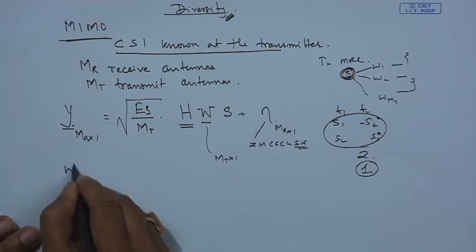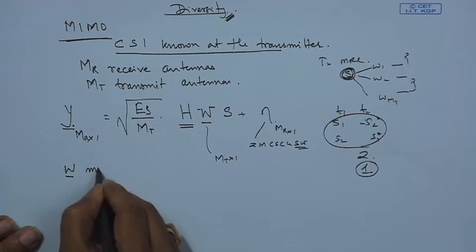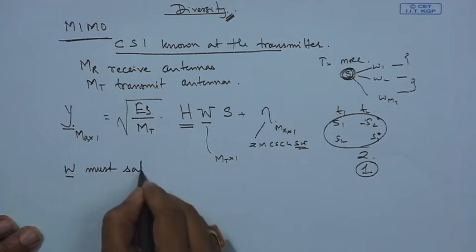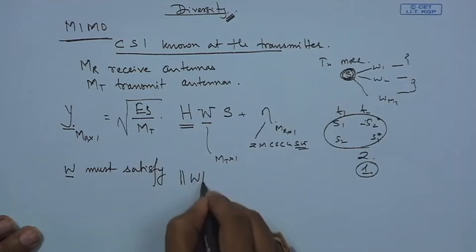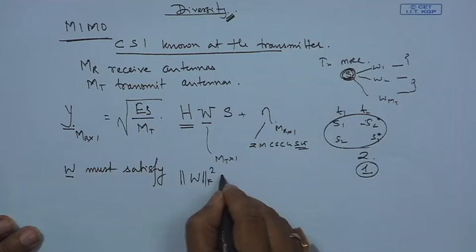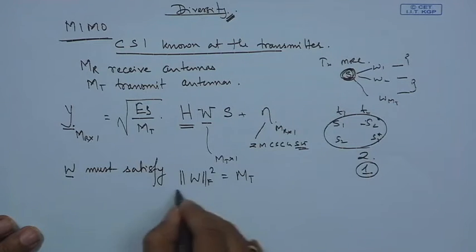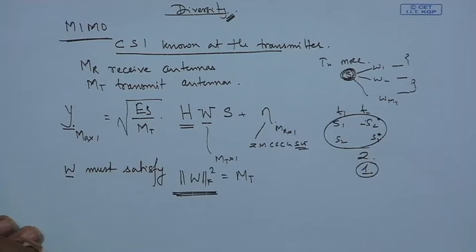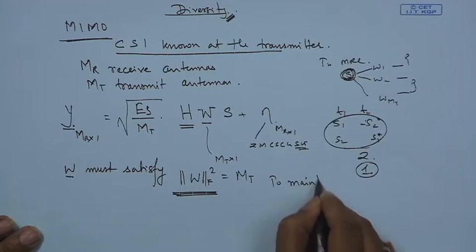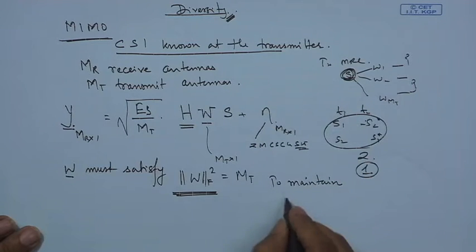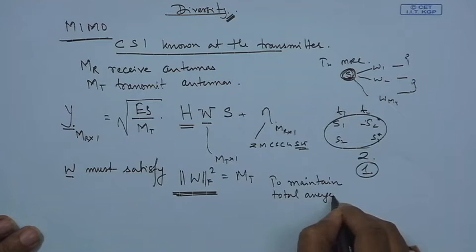So we put the criterion that W must satisfy the Frobenius norm of W squared equal to MT. Remember, this is the total strength of the particular matrix or vector, and this is to maintain the total average transmit energy or power constraint.